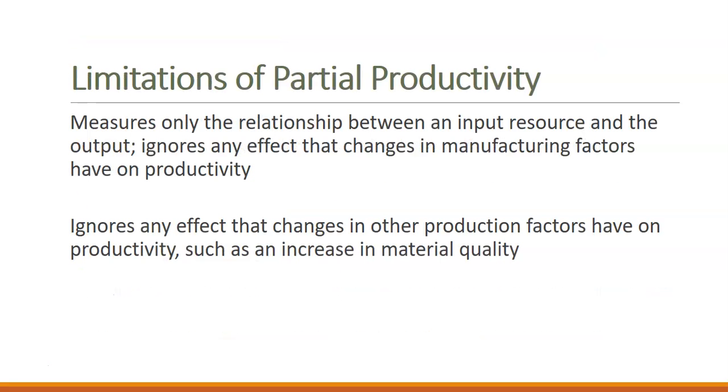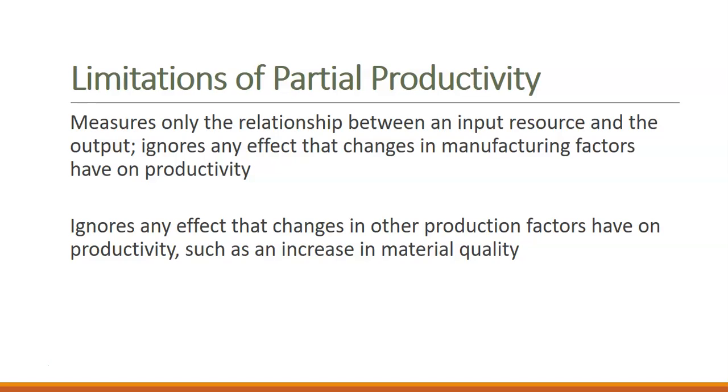There are limitations to partial productivity measures. For example, it only measures the relationship between the input and the output. It doesn't look into any effects that changes in manufacturing have on productivity.